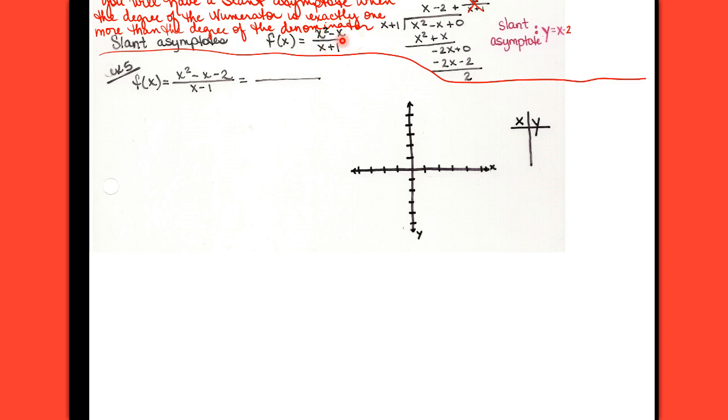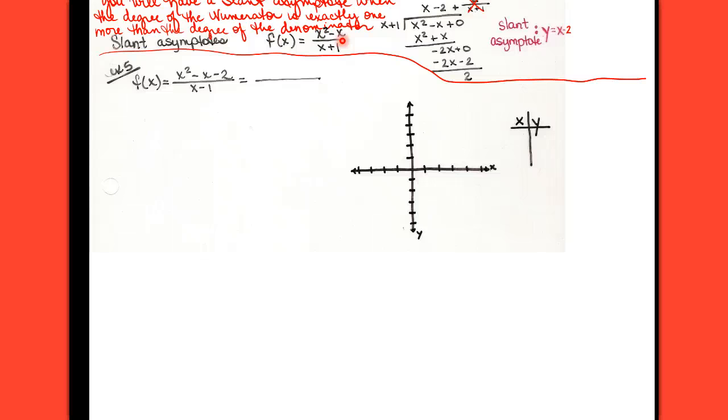With horizontal asymptotes, what happens when the degree of the numerator is more than the degree of the denominator? Then there's none, right? You don't have one.